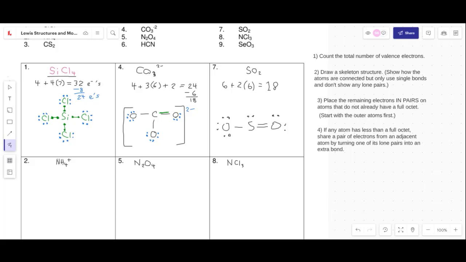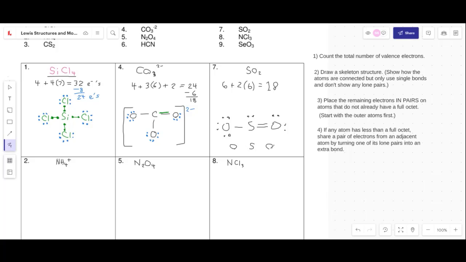Would that have been possible? Yeah, it would have been possible. Absolutely. So you could have shared the electrons from the oxygen on the left. And if you had, this is what you would have gotten.